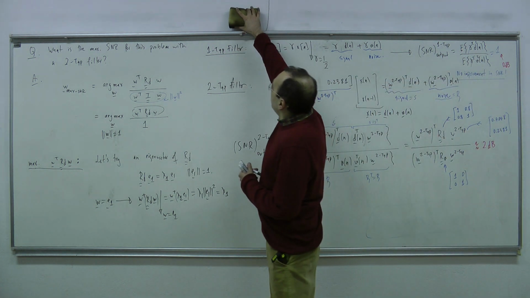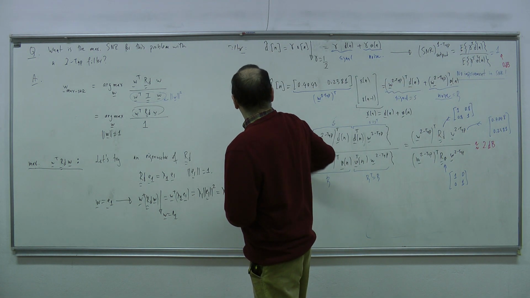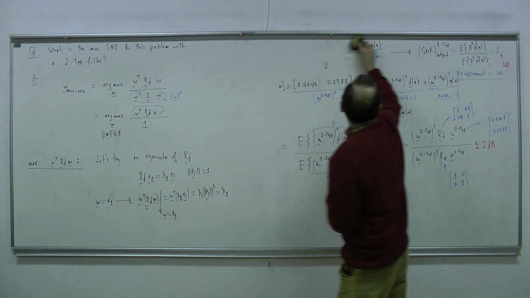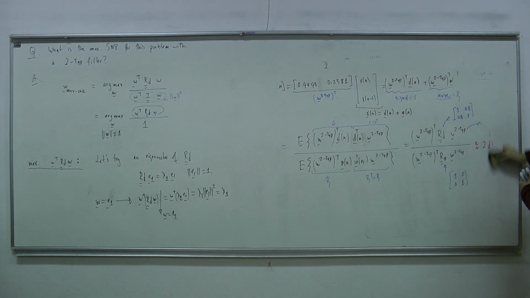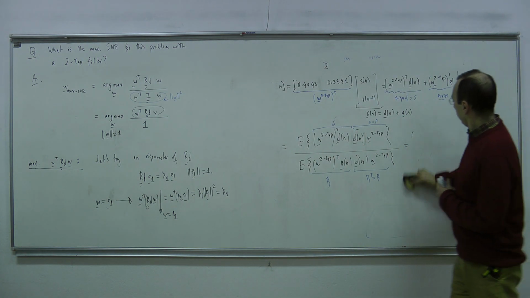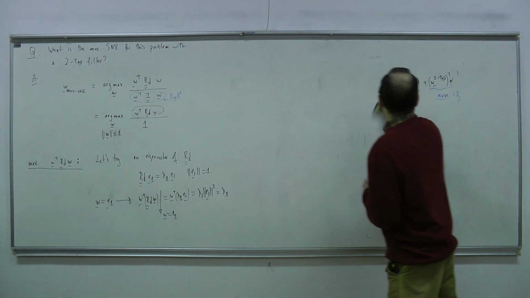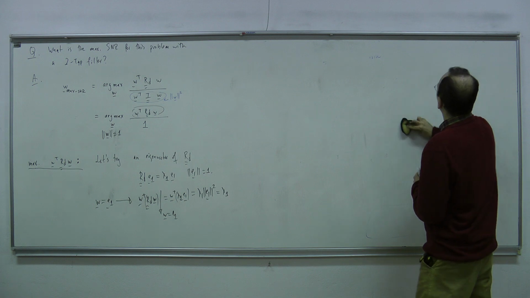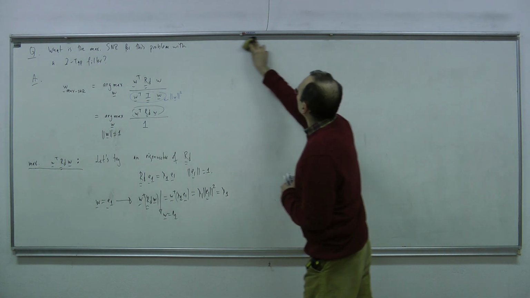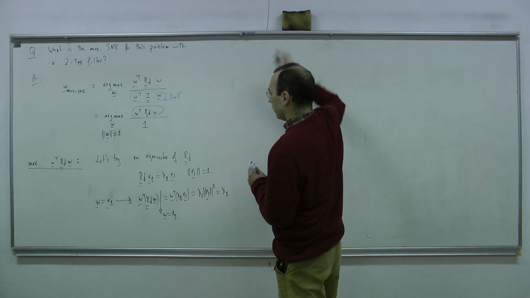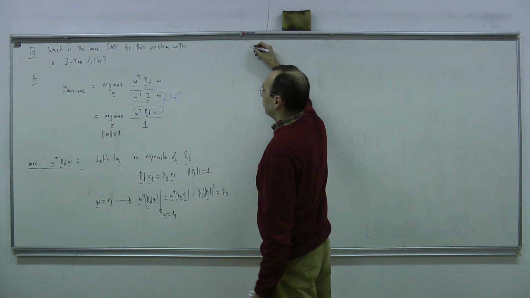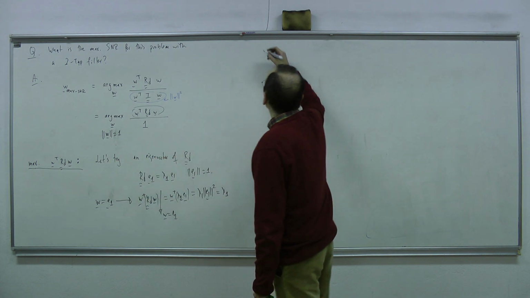Now, if I have two eigenvectors, let's say that W is a combination of two eigenvectors. We have tried the first one.